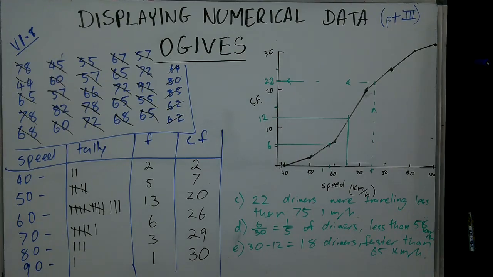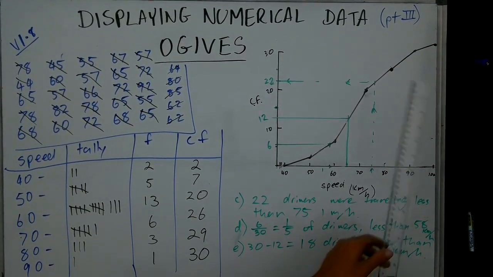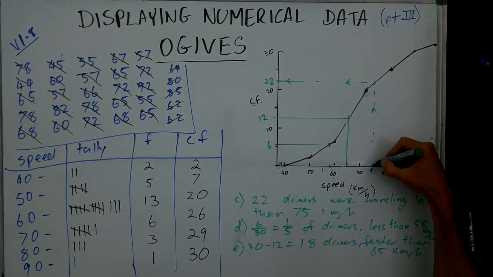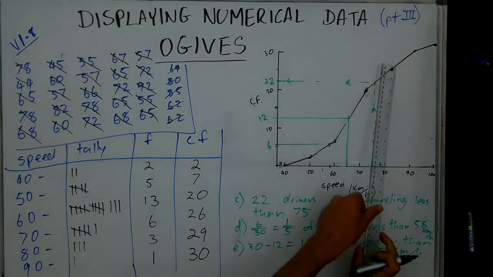And the last question, F. If police enforce a fine on all those drivers travelling over, not 65, 78 kilometres an hour, how many will get the fine? So anyone going faster than 78, they'll get fined. So that was 75. I'm going to say 78 is there.